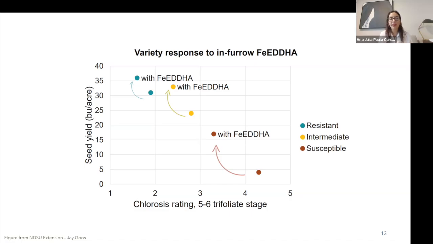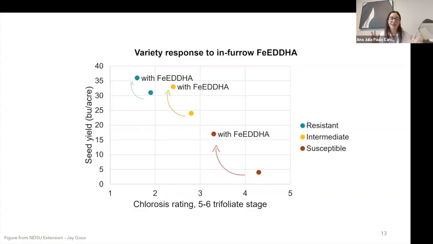When you go to an intermediate, you still have an effect, but it's smaller. And when you're talking about a resistant variety, or what we might call a resistant variety, the improvement in yield and IDC is even lower. So this is more or less the interaction.